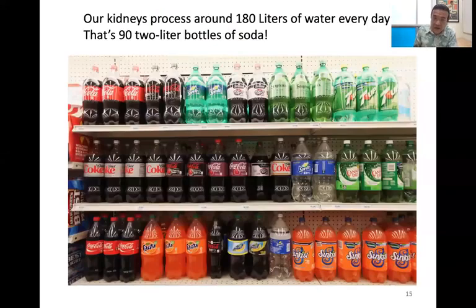Astoundingly, our kidneys process around 180 liters of water every single day. That means your blood is constantly going through them and being filtered. 180 liters of water being handled by the cells of your nephrons through these aquaporin proteins. That's like 92 two-liter bottles of soda every day that these cells are dealing with.